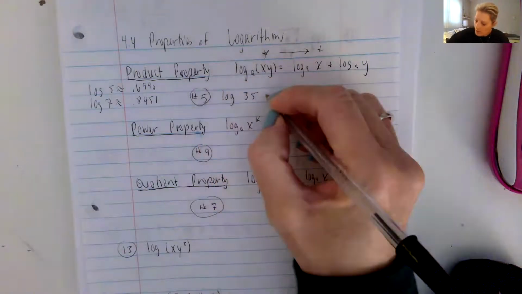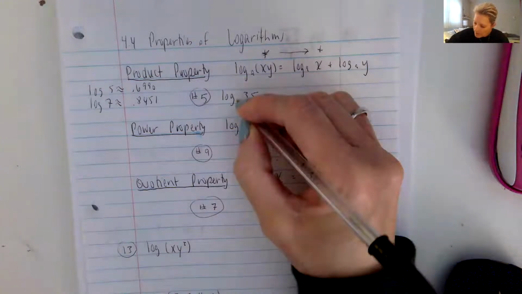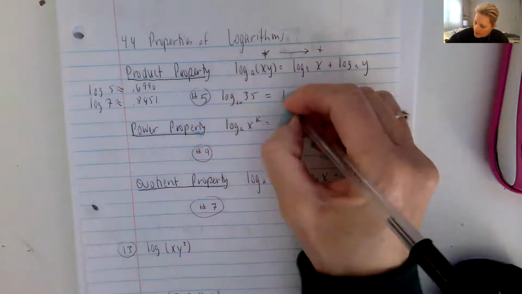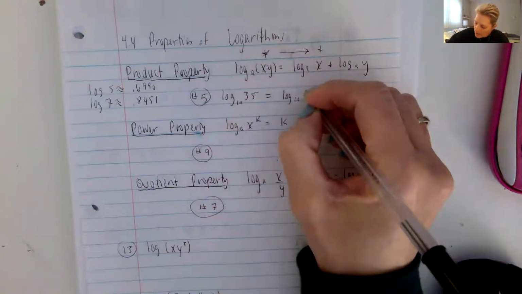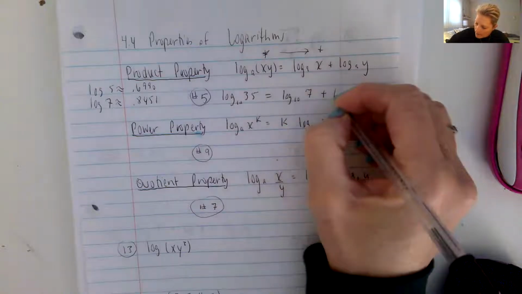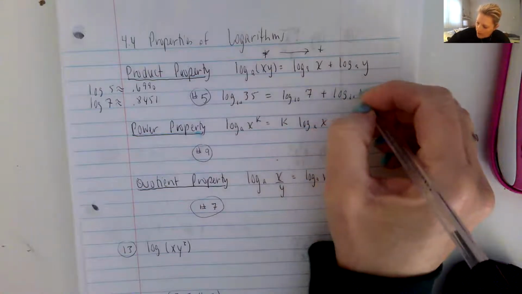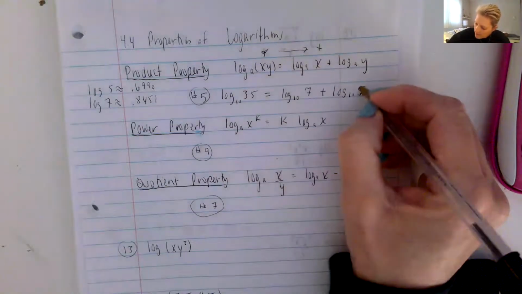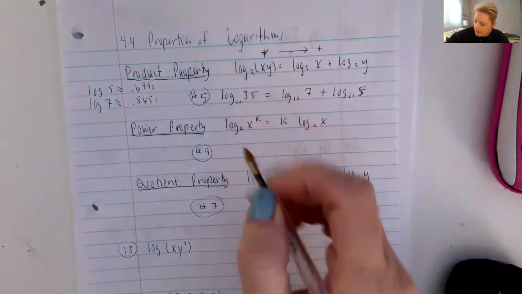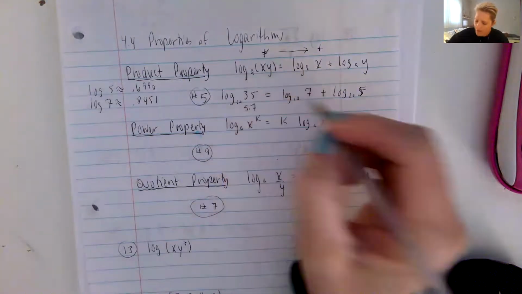which means we can break this apart because this is log base 10. So this is log base 10 of 7 plus the log base 10 of 5, because 5 times 7 is a product that makes 35.